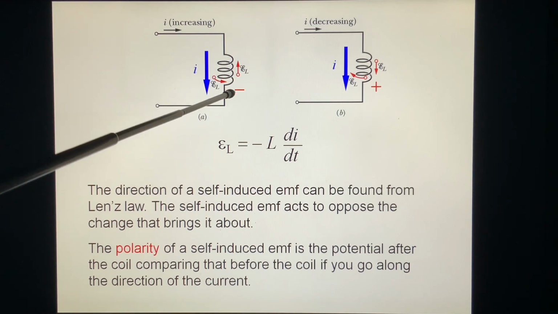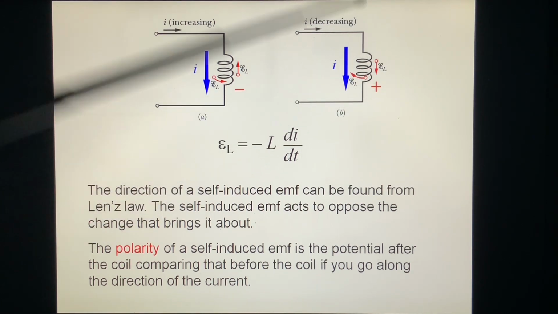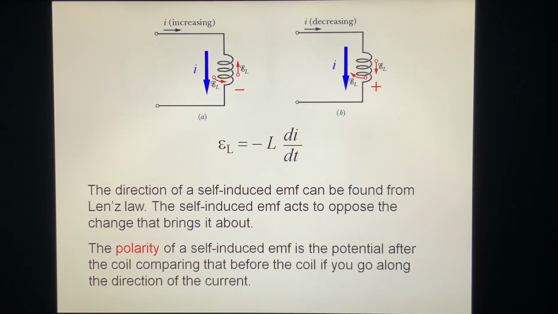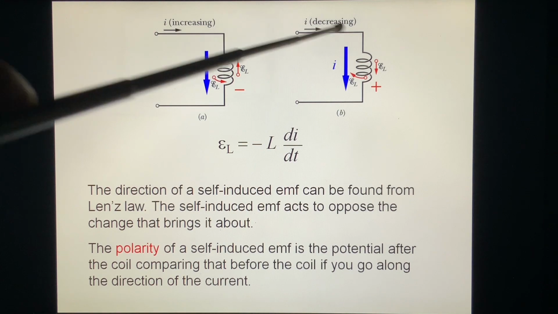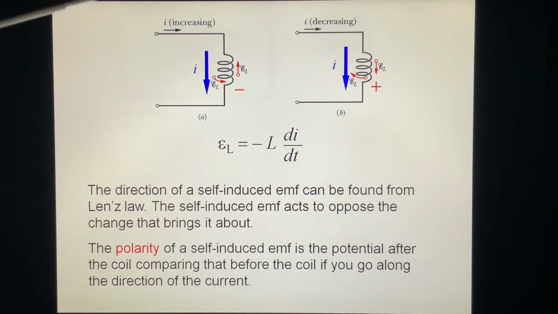In this case, it's negative. In this case, it's positive. Let me read again. The polarity of the self-induced electromotive force is the potential after the coil compared to that before the coil, if you go along the direction of the current. In any case, it's the direction of the current.